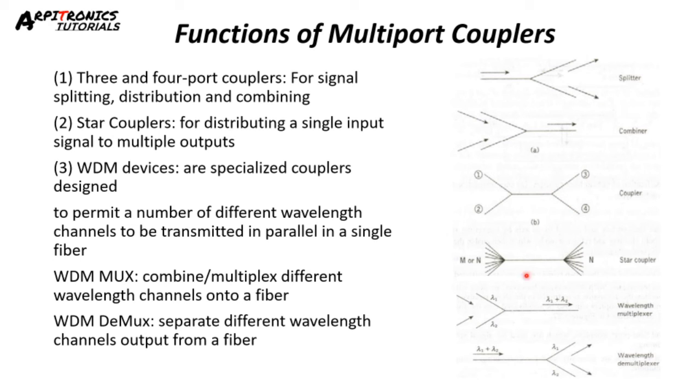Then in the star coupler, we use it here for distributing a single input into multiple outputs. Then the WDM device: these are couplers used for wavelength multiplexing and demultiplexing. Two wavelengths are multiplexed to get lambda 1 plus lambda 2 here, while at the other end this lambda 1 plus lambda 2 is converted into two separate wavelengths, lambda 1 and lambda 2.